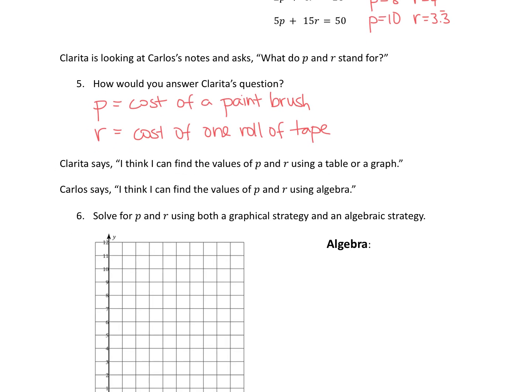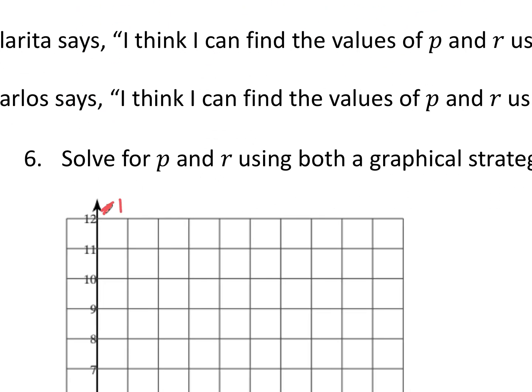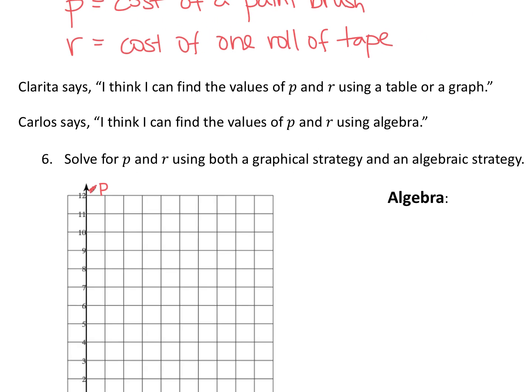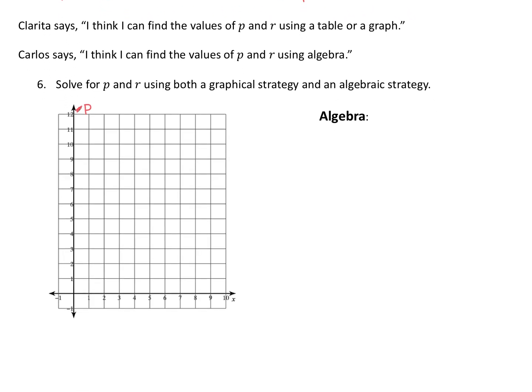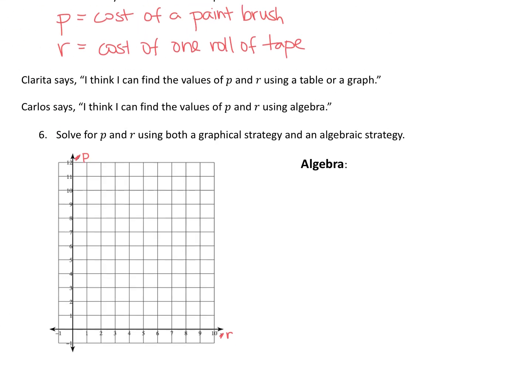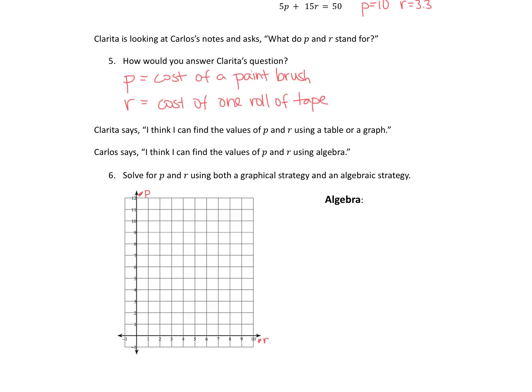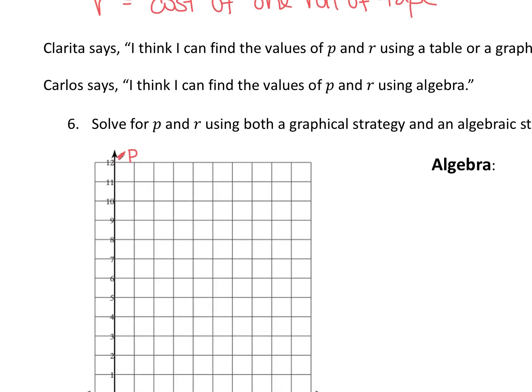So P is acting like our y value. So I'm going to cross out the y value and say this is p, and r is like our x value. So we'll cross that out and write r. So in order to graph that first line, which is the small painter's kit, I'm going to put a y-intercept at 8 on my y-axis, which is like my p-axis, right there.